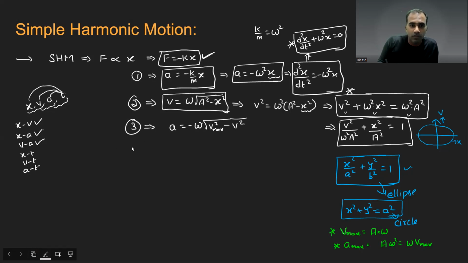Next, the fourth relation. We have talked about these three relations. These three relations are done. Next, x and t. What is the relation between x and t? Displacement and time. We've derived it, right? x equal to displacement is A sine of omega t plus phi.